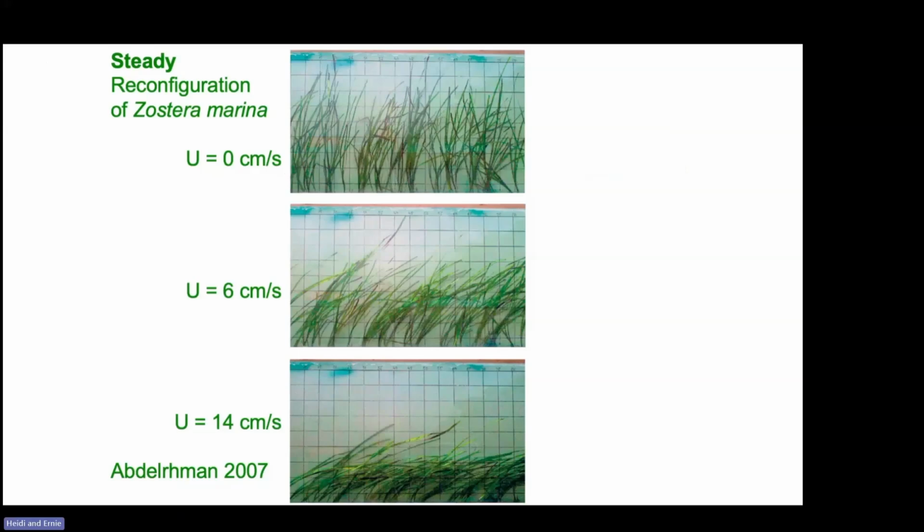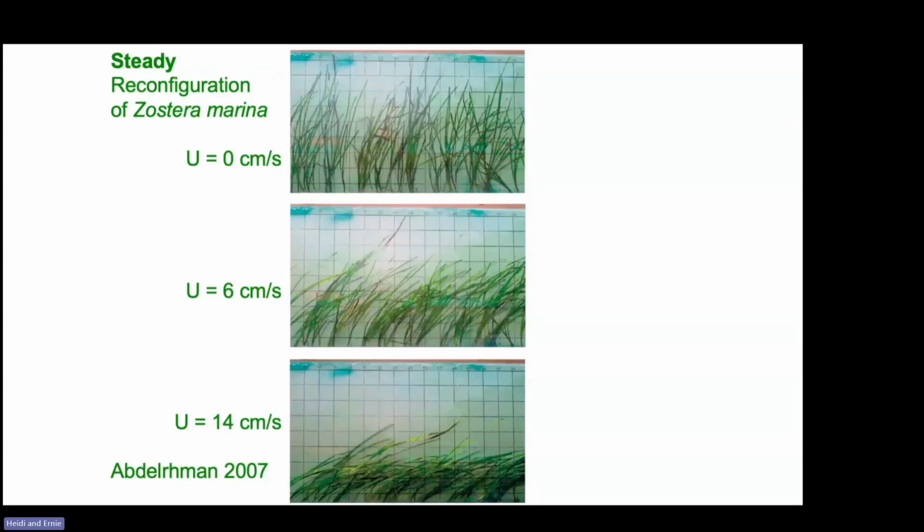First of all, it's important to recognize that real plants are flexible and bend in response to current and waves. This is called reconfiguration. These images illustrate how a meadow of the seagrass Zostera marina folds over as the current magnitude increases.